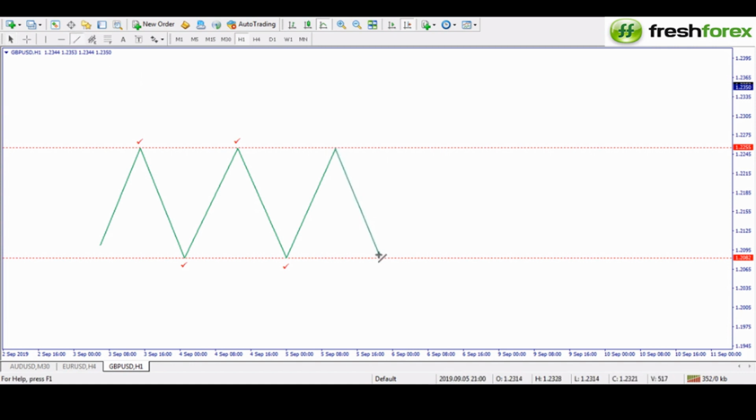This happens. So assuming price comes to this level here, instead of bouncing back to the upper side, it actually breaks below. Sorry. This is called a breakout.